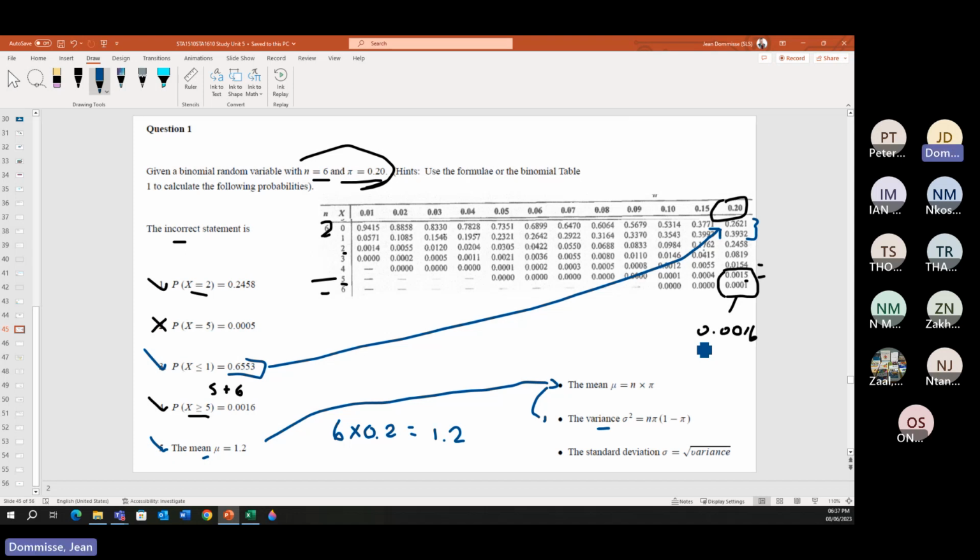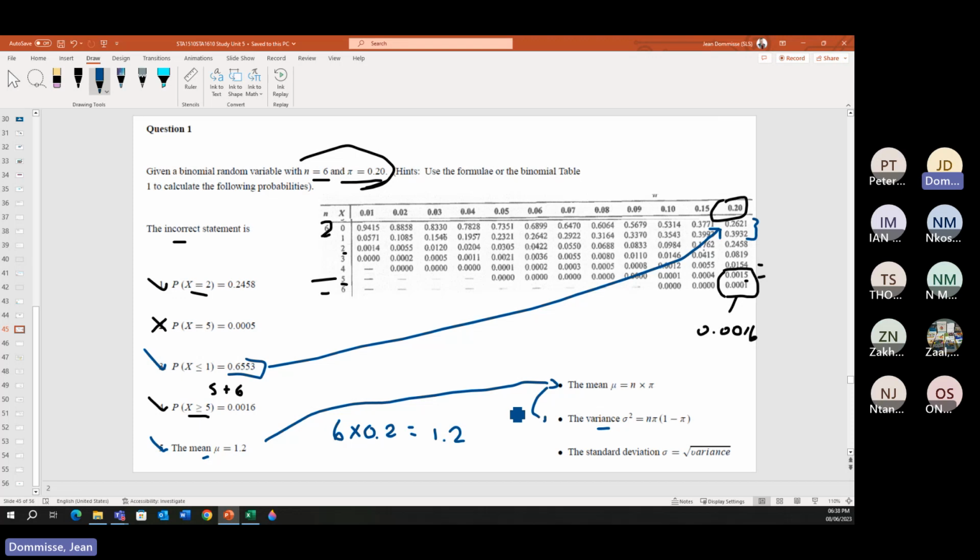Okay, so binomial, when they ask you to calculate it, the easiest for me is always to look at the tables. But again, if you're more comfortable doing it another way, you can do what your preference is.